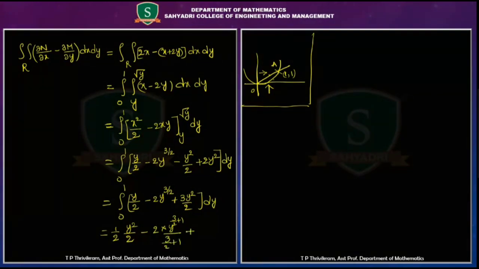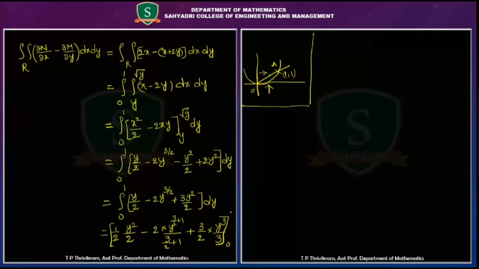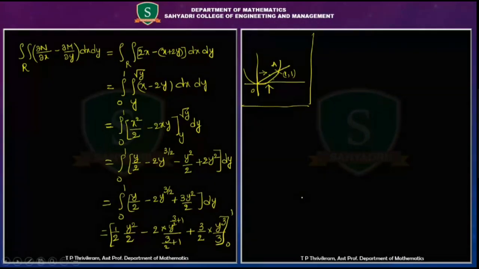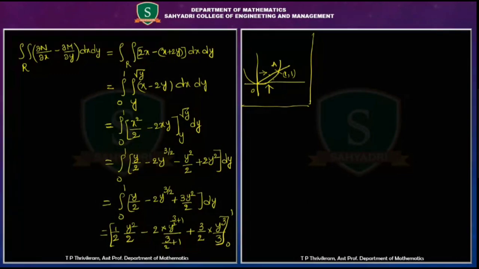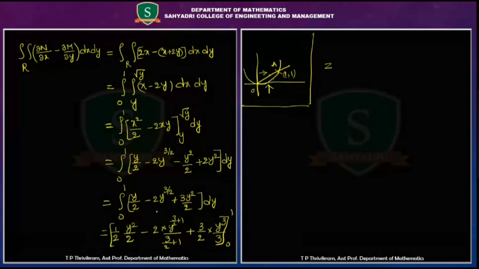Next plus 3 by 2 into y cube by 3. So having the limits 0 to 1. So apply the limits. How much you'll get? We'll check. So here 1 by 4 you got.